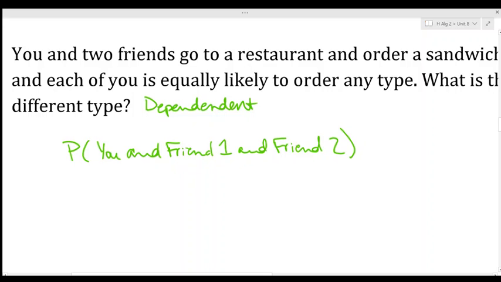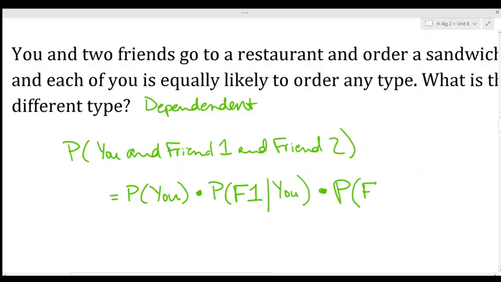Your probability is what you choose, times the probability of what friend 1, F1, chooses given the sandwich that you chose, times the probability of what friend 2 chooses given what you and friend 1 chose. So that's how you write out the conditionals here.